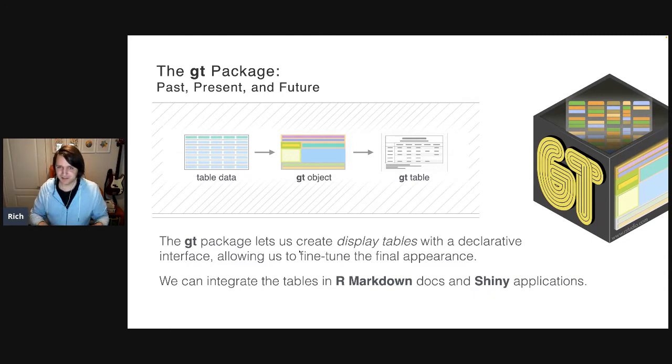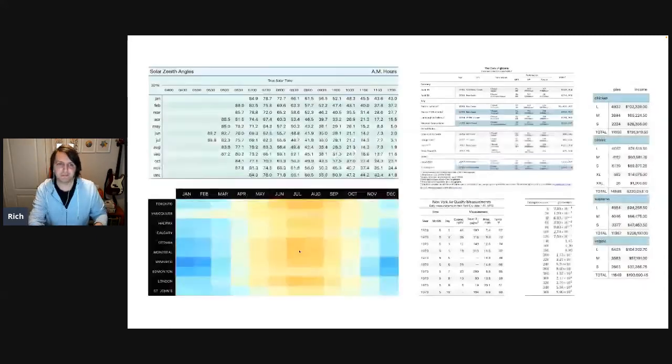So it's good for all those different applications. So I just wanted to prove that GT is a package. If you haven't seen it before, it makes tables like this. These are tables I made well before GT was even released in 2018. Not bad. Almost good enough for entries in the table contest. So this is what you can do with GT.